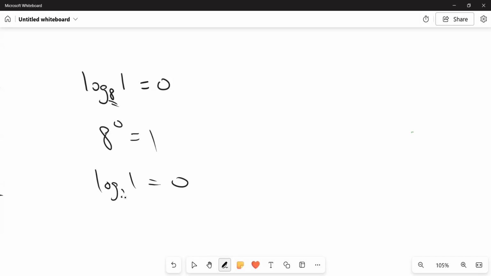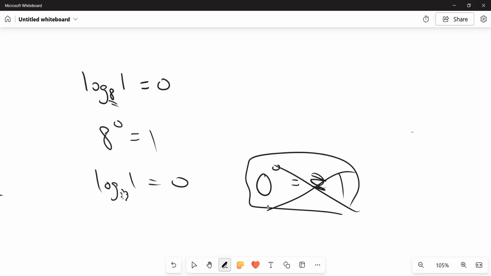They don't even put a base here. With the exception that the base can't be 0, because 0 to the 0 power equal 1 is not correct. Any non-zero number to the 0 power is 1.